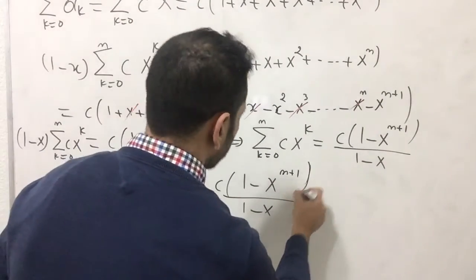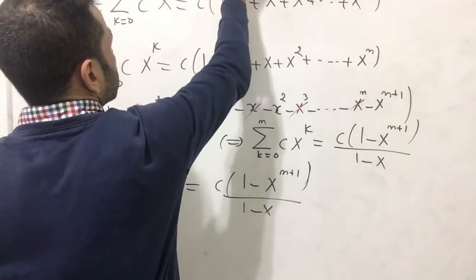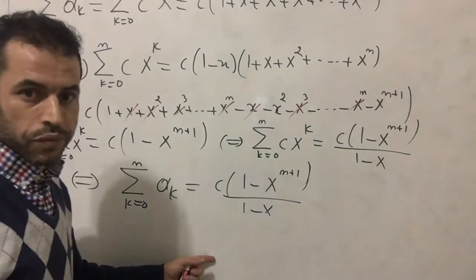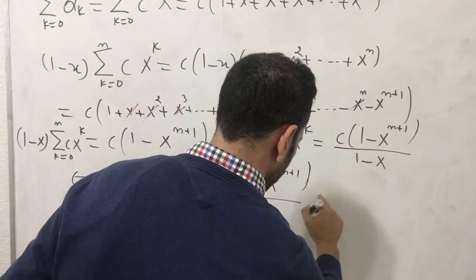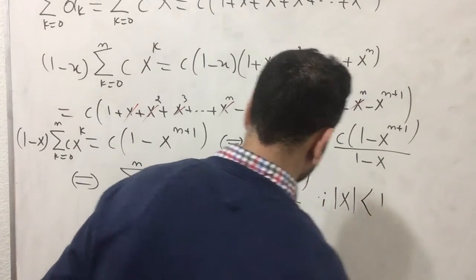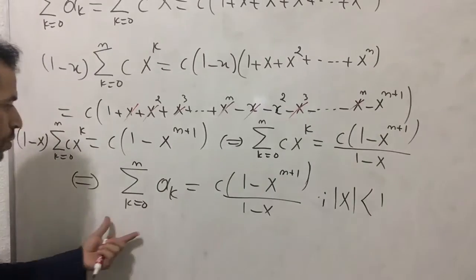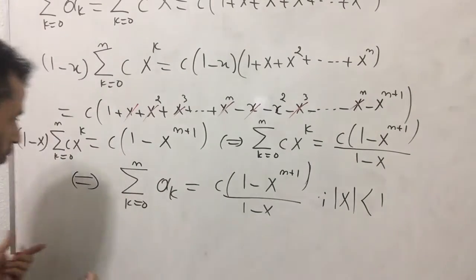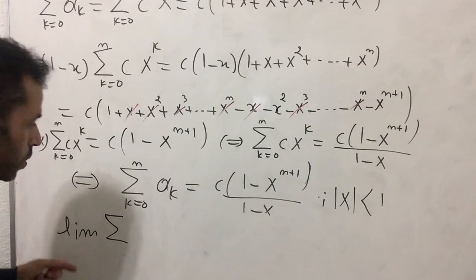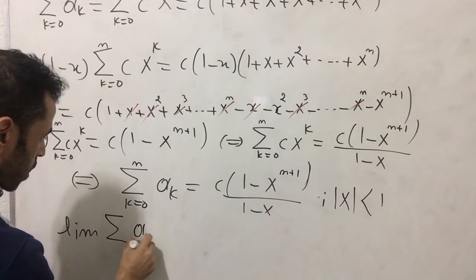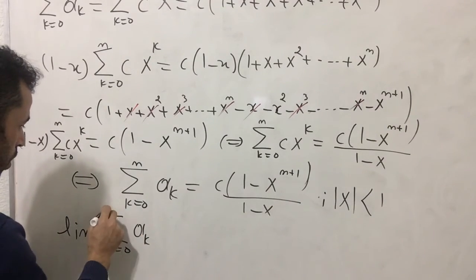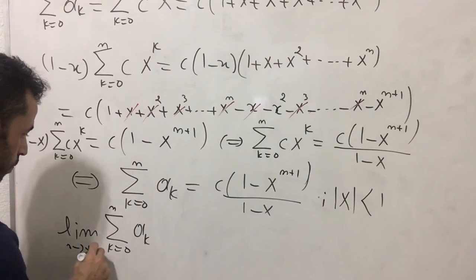Now, as a convergent series, we set the absolute value of x strictly less than 1. With this, if I apply the limit on both sides, we'll have the limit of the sum of a sub k as k goes from 0 to n, as n goes to infinity.